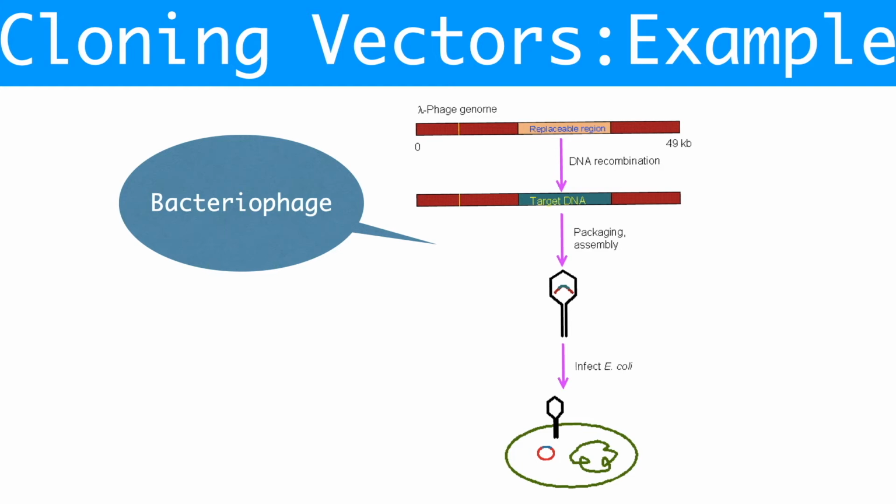Using bacteriophage as a vector, we can manipulate the viral genome or viral DNA and introduce our gene of interest or targeted DNA to be cloned. So our targeted DNA or gene of interest can be inserted into the viral genome or DNA, and we will get recombination.